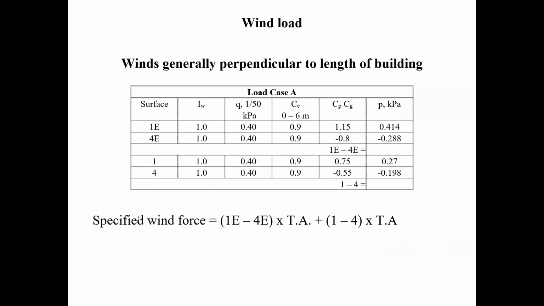So now the specified force times my tributary area, and of course, the factor is 1.4. So you guys do this calculation, in other words, take the value there times that tributary area, and somebody give me the value here.